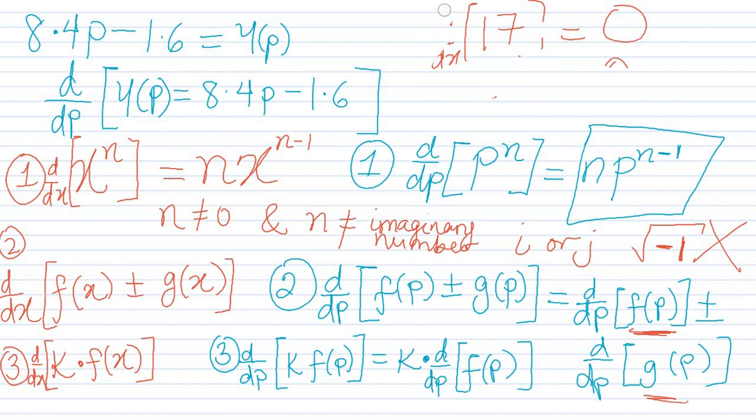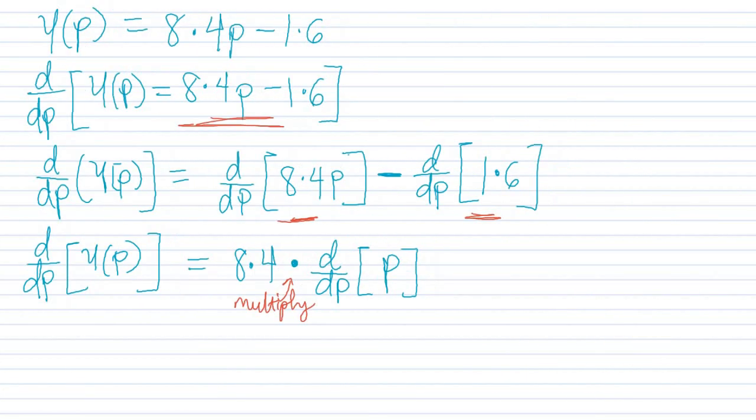And 1.6 is a constant because it has no variable. So therefore, if it's a constant with no variable, then it is simply going to be 0. So here I will just have minus 0.